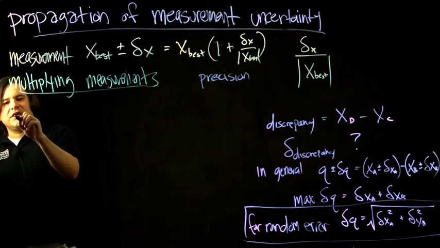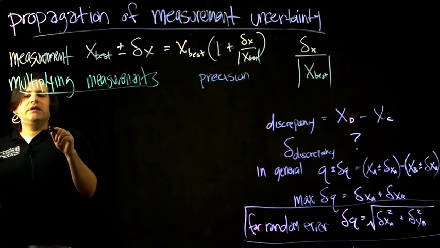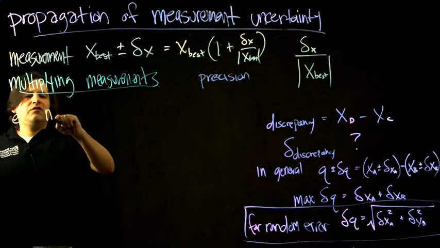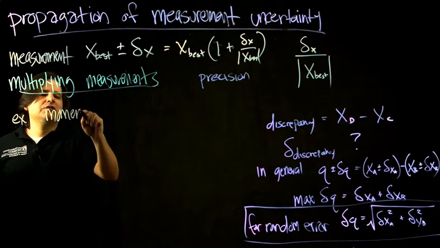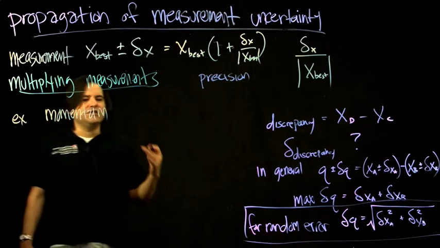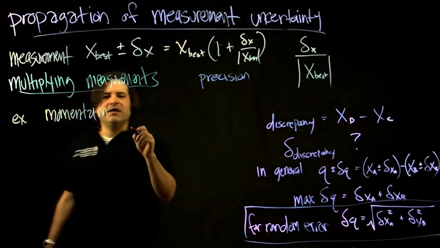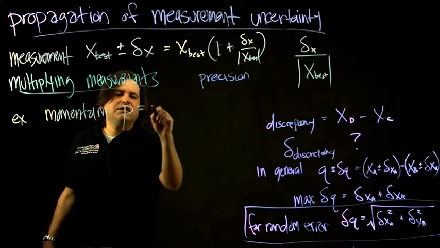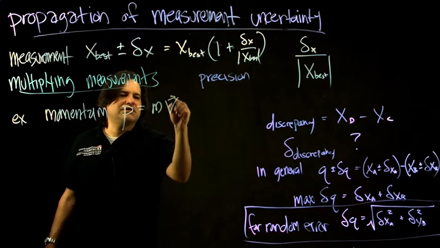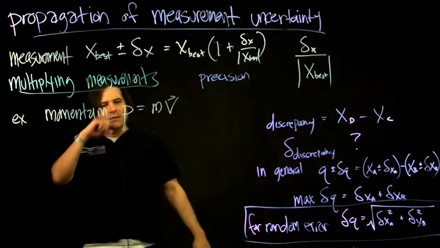So one example would be using experiments to calculate momentum. If you may remember from high school physics or physics 1 and 2, the momentum of a body is defined as P, and it's the product of the mass of that body times the velocity of that system.